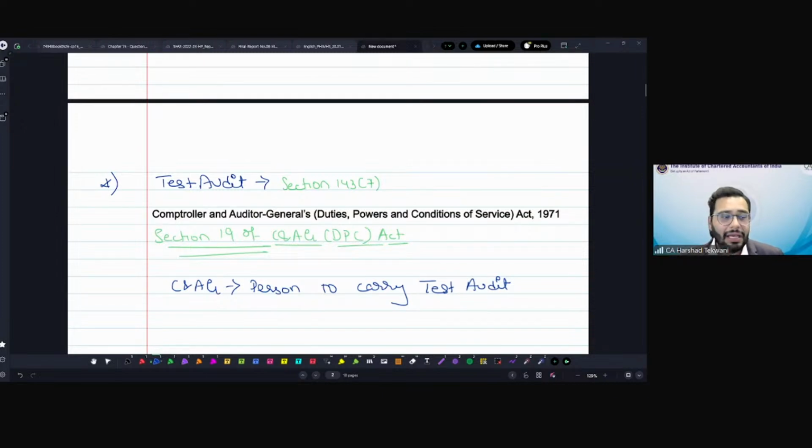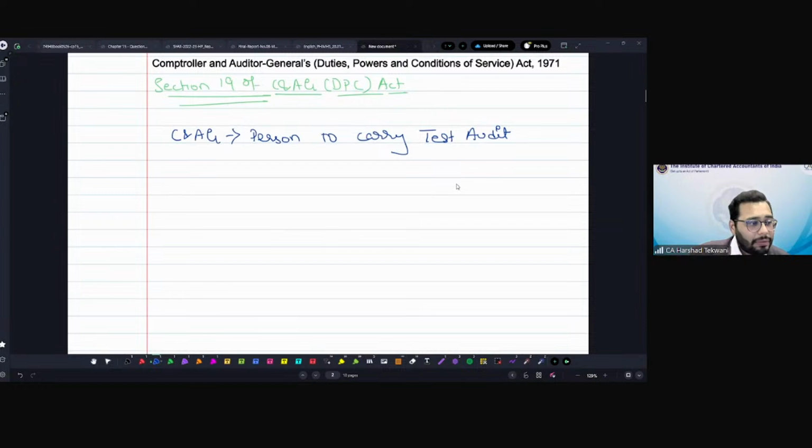Now, what is this 19A? 19A talks about that if audit under section 19 is done, that report that has been received is required to be laid before each house of the parliament, or if it is the state government, then before each house of the legislative assembly of the state.